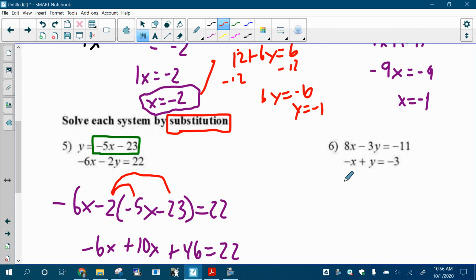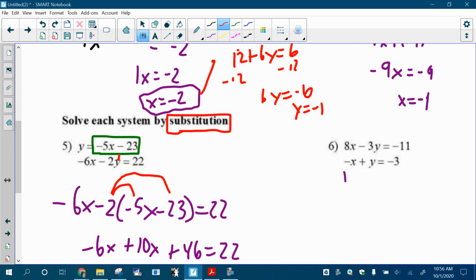Something a little trickier about this one is one of the variables isn't by itself like it was here. So that made that substitution process really easy because you just grab that thing that equaled y and put it in the place of y. But here, you don't have like y equals something or x equals something. But you can very easily make one of the equations look like that.